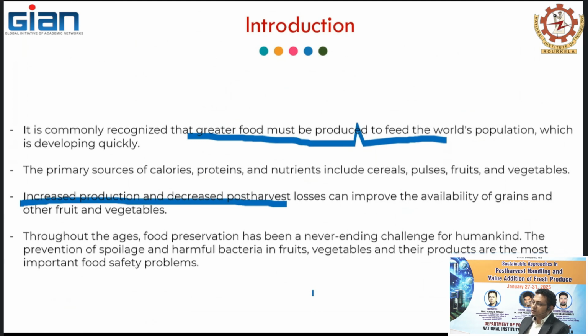Even some traditional practices cover the fruits to avoid oxidation and preserve the food for a longer period. The challenge here is to look for a technique that is environmentally friendly, economically better, and at the same time without compromising the quality of the product. That's what we are always looking for.